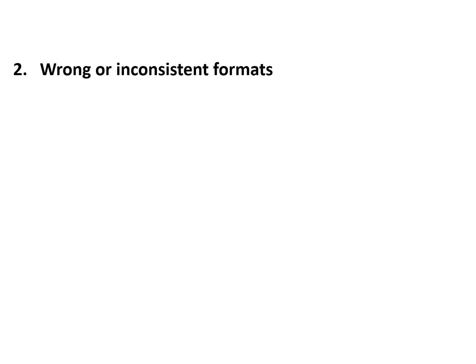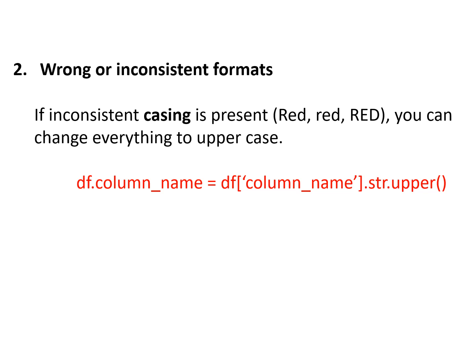Now, what about wrong or inconsistent formats? So maybe you have some data that has inconsistent casing. So for the color red, you might have red just with a capital R, or all lowercase, or maybe everything will be uppercase. So you want to get them all the same so that they can be looked at as the same value. One way, probably the easiest way to do this, is if this is color, to just turn everything in the column called color to uppercase.